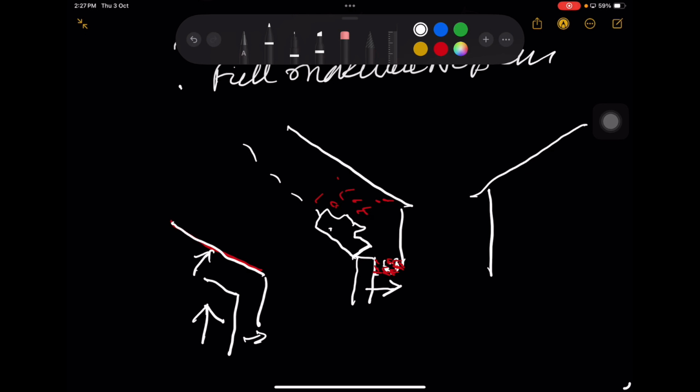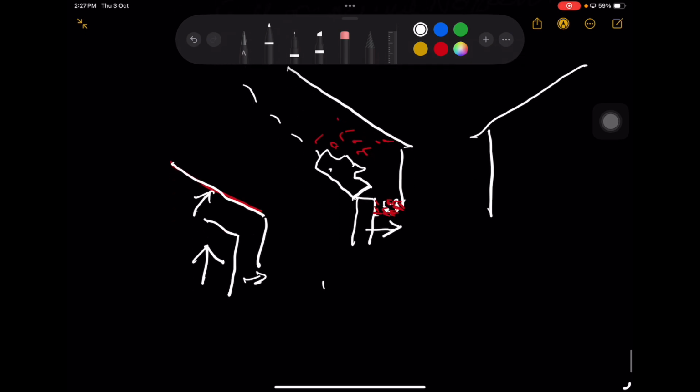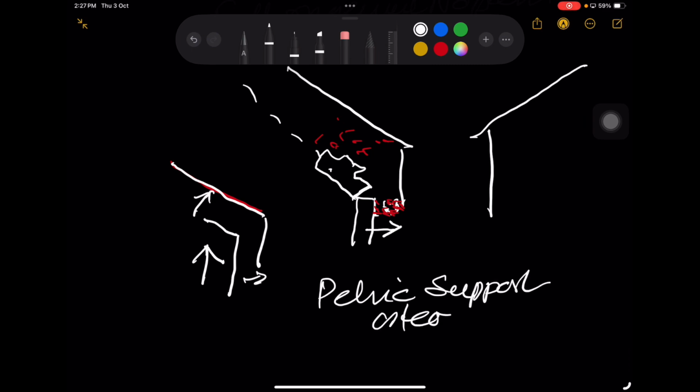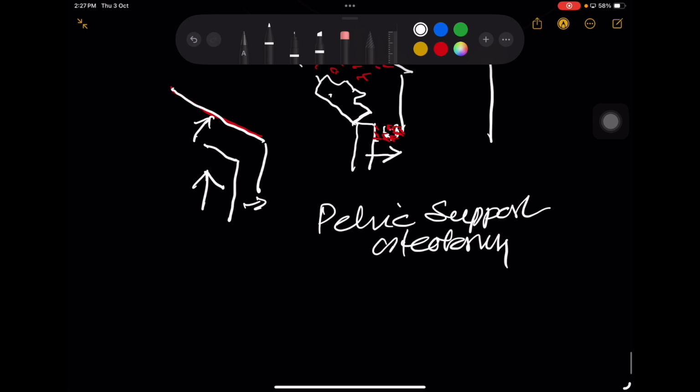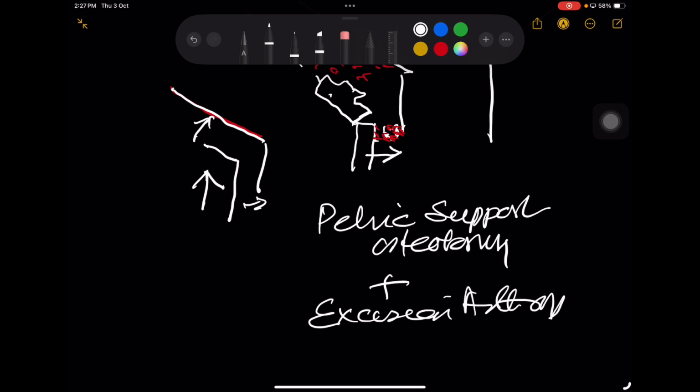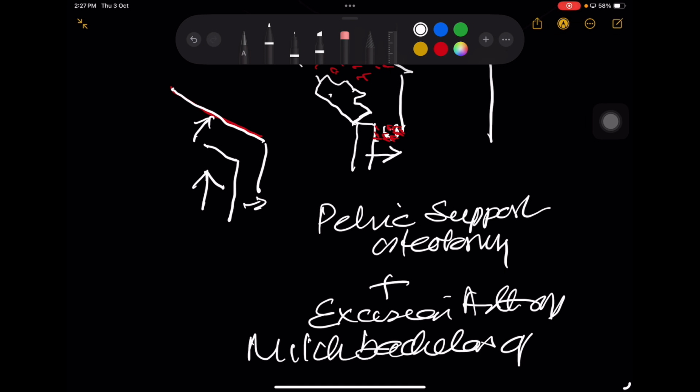So this is pelvic support osteotomy, which takes care of the Trendelenburg gait and shortening. And when you combine pelvic support osteotomy with excisional arthroplasty, it is called as Milch-Bachelor's operation.